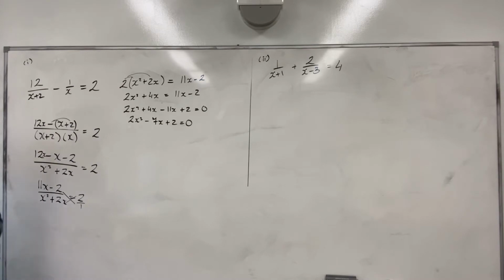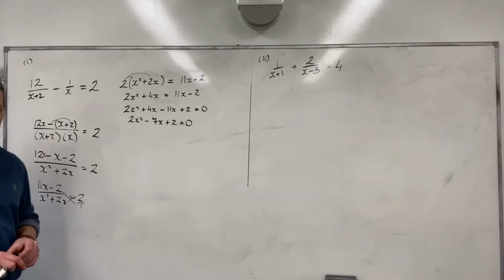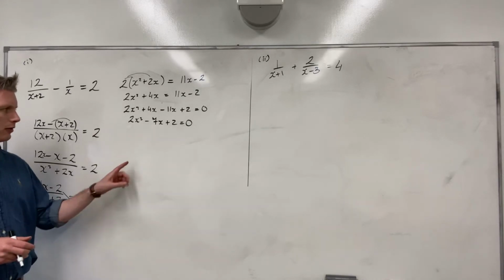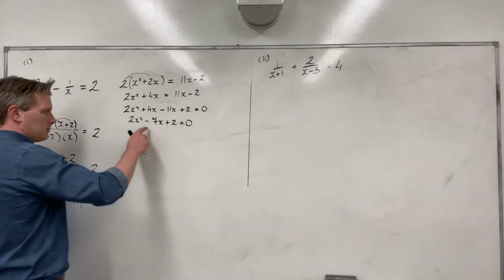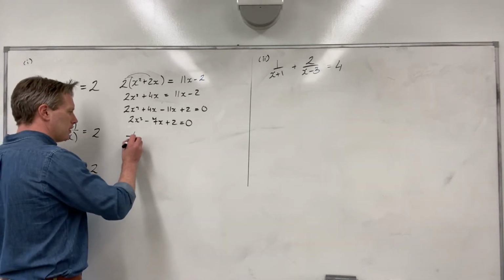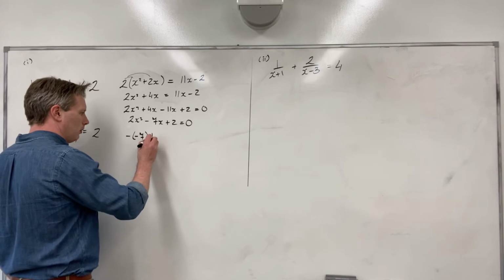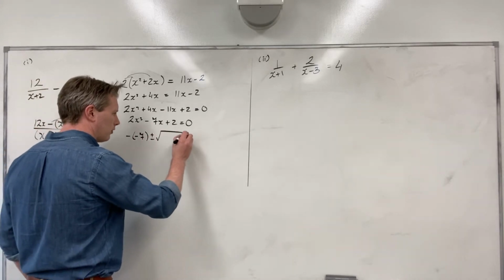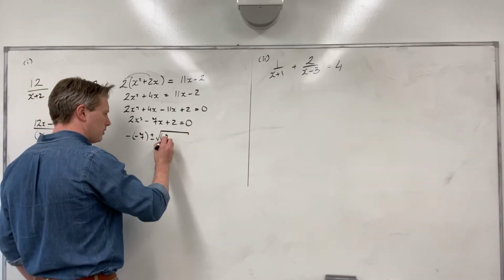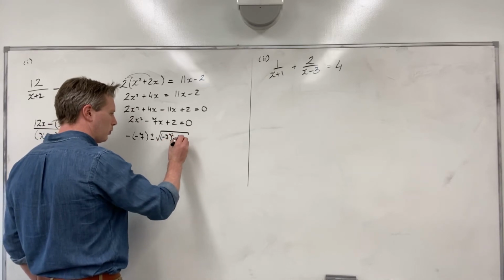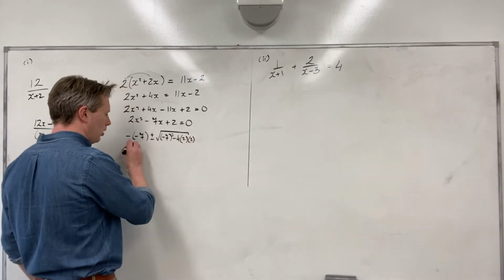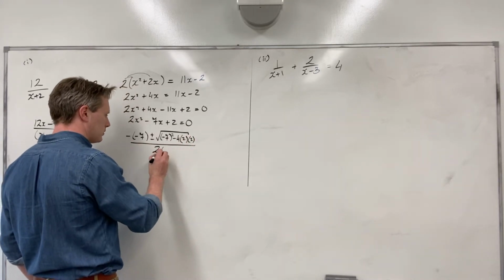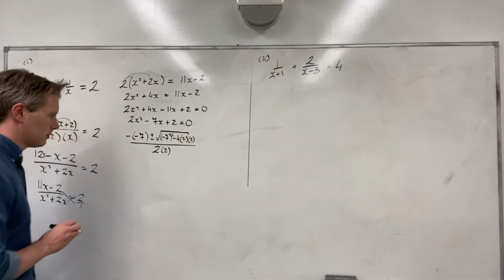And so now I want to use my quadratic formula to solve this equation. Quadratic formula is minus b plus or minus the square root of b squared minus 4ac all over 2a. So minus b will be minus negative 7 plus or minus the square root of b squared, which is minus 7 squared, minus 4 times 2 times 2, all over 2a, that's 2 times 2.